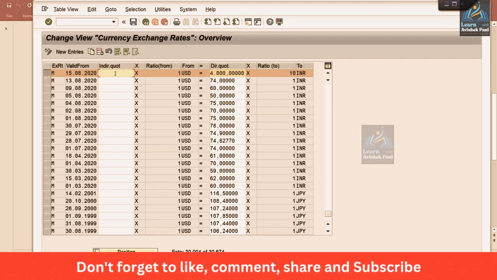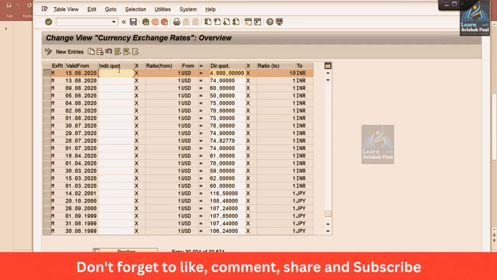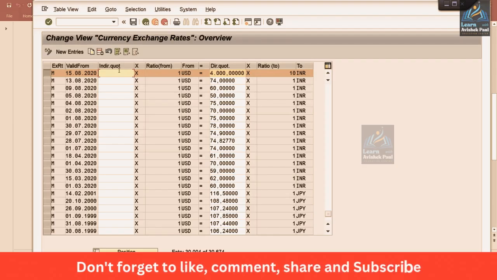So what is the difference between direct quotations and indirect quotations? In which case are we going to specify the rate under direct quotations, and in which case under indirect quotations? Very unique explanations I'm going to give, guys. Once again, I'll quote an example so that you will have perfect understanding.